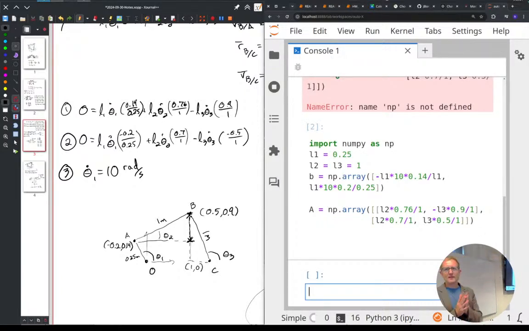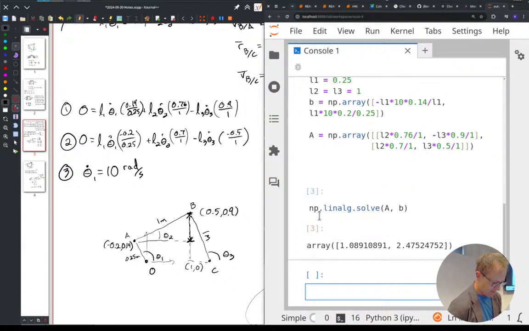I don't know how you solve sets of equations, but one way is to set it up as a linear algebra problem. Take everything you know, throw it on one side, and call that B. Everything you don't know is in some matrix called A. So I can say np.linalg.solve(A, B), and I get 1 radian per second and 2.5 radians per second.